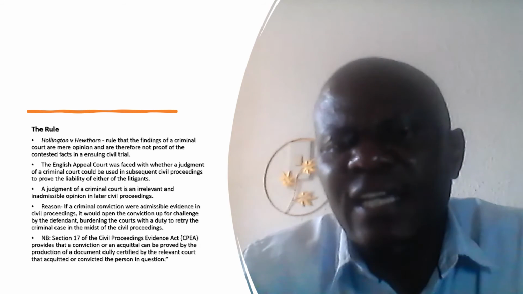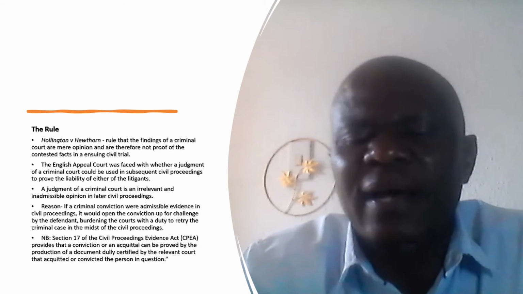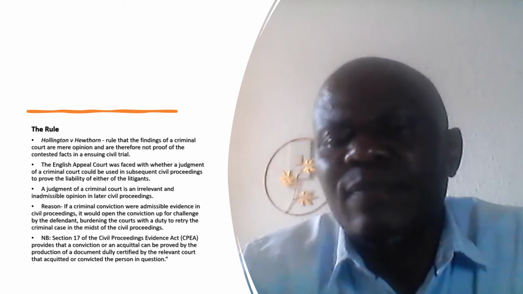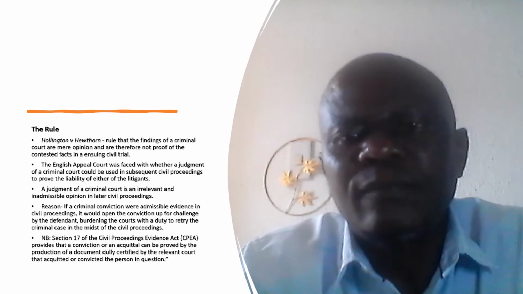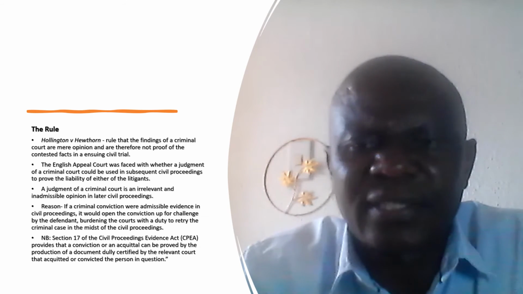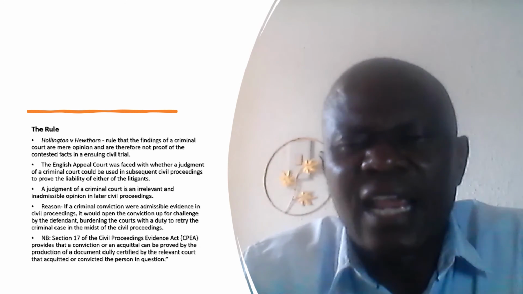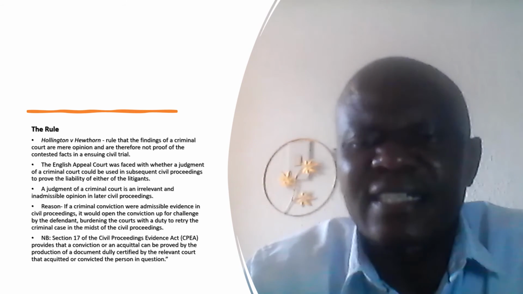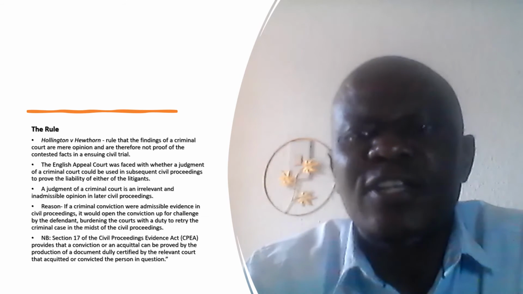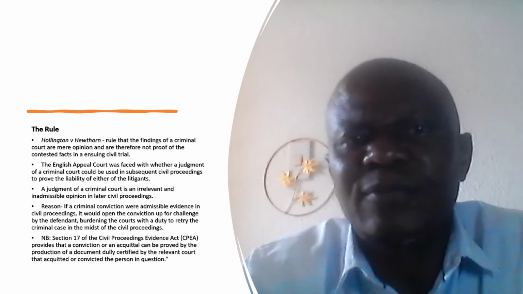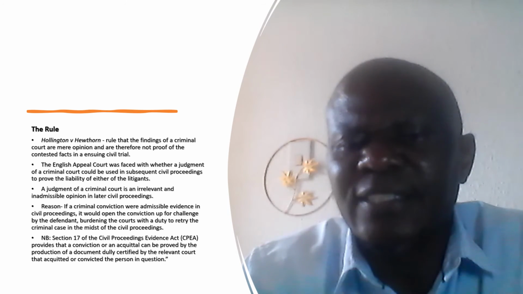But now the absurd scenario is one whereby, imagine that the defendant is found guilty of an offense in terms of the criminal trial, and later on a preponderance of probabilities, that same defendant wins the suit in the civil case, so that the complainant in the criminal case ends up having to pay damages or whatever obligations to the defendant.